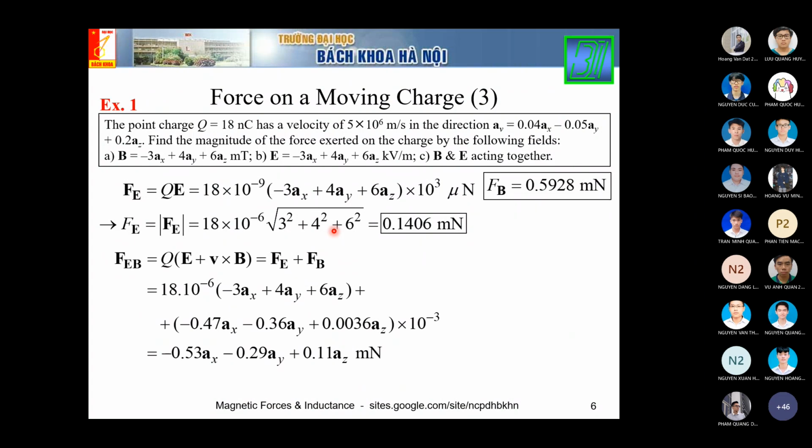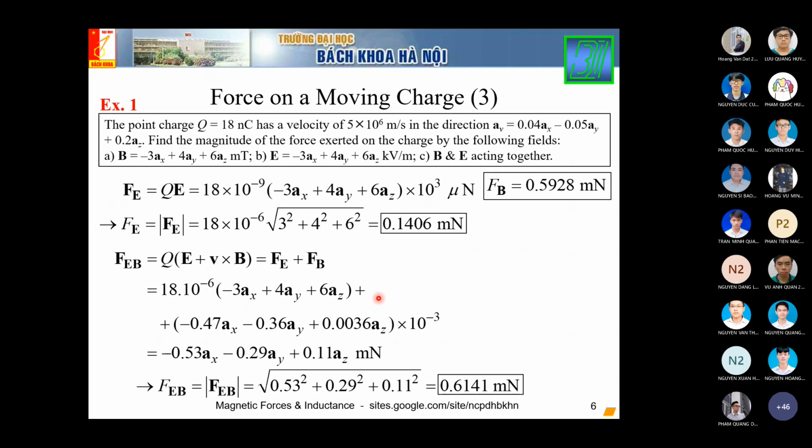To find the total force, you have to start from the beginning like this, and then you can find the magnitude in this way. Are you okay?